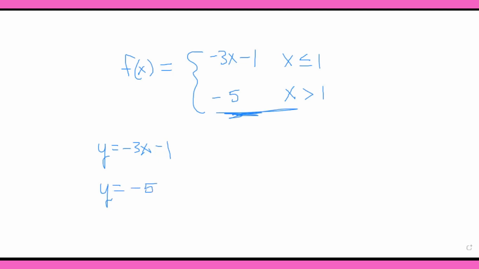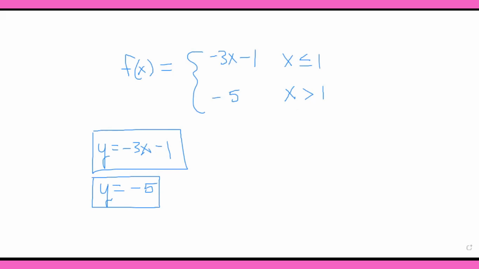It always looks a little bit strange in this function squiggly format. But if we think of them as two separate equations, this is just a line, mx plus b, and this is a horizontal line, where y equals negative 5 always.